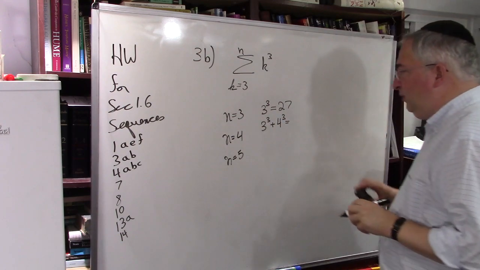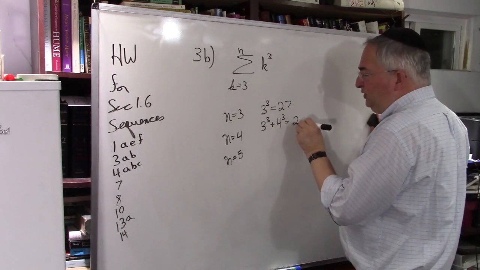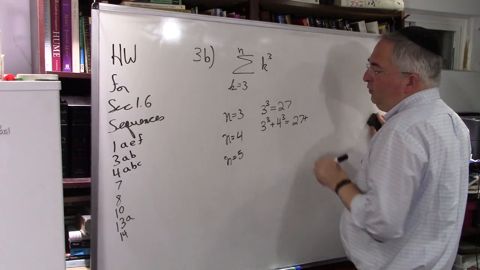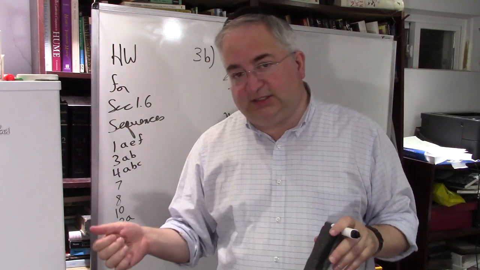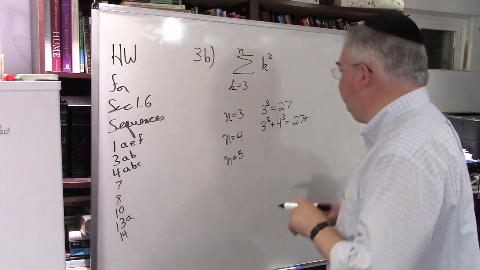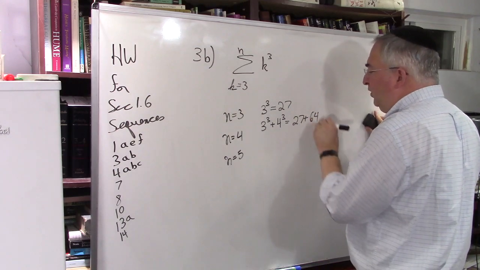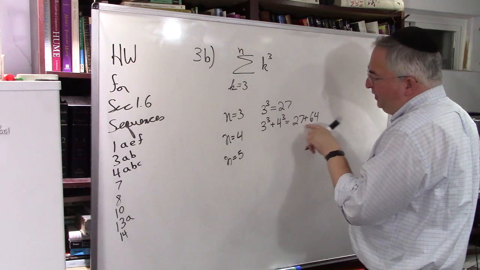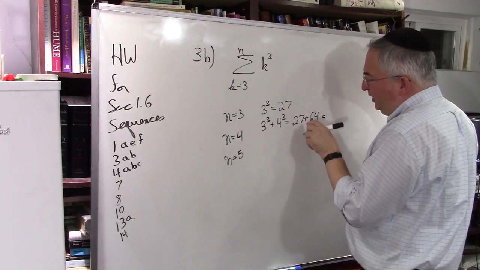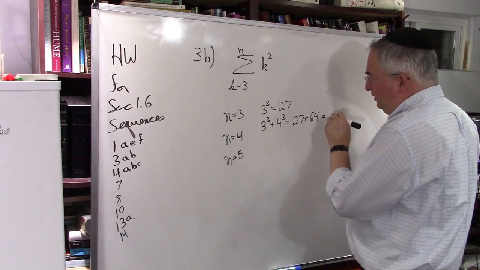So that's equal to 27 plus, what's 4 to the third? 4 times 4 is 16 times 4 is 64, so that's 64. Okay, 27 plus 64 is 91.